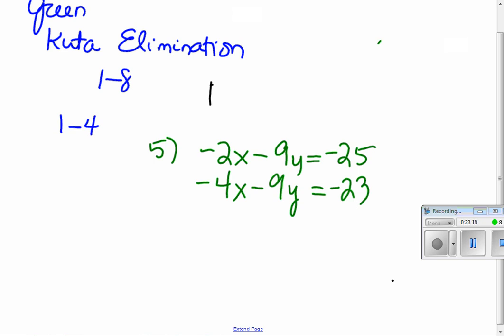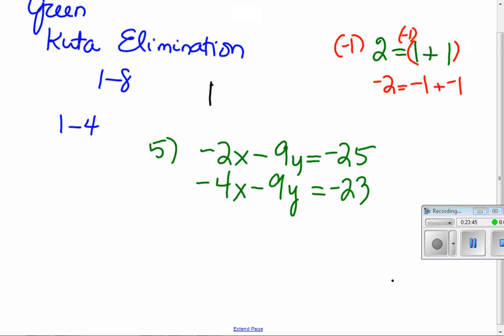If I have 2 equal to 1 plus 1, what if I multiply both sides of that little equation, which is true, by a negative 1? This gives me negative 2. This gives me negative 1 plus negative 1. Is that still true? Is negative 2 equal to negative 2? Yeah, negative 1 plus negative 1 is negative 2.